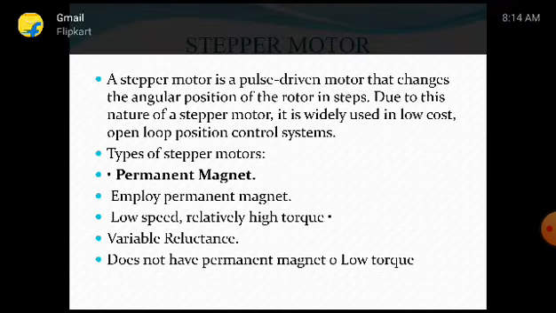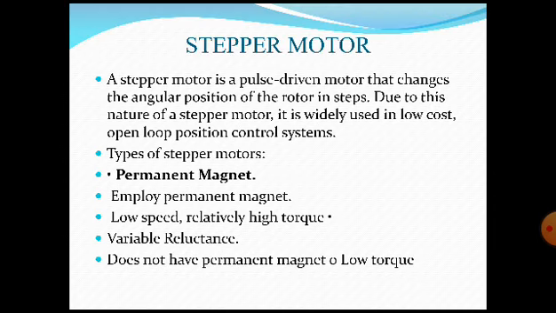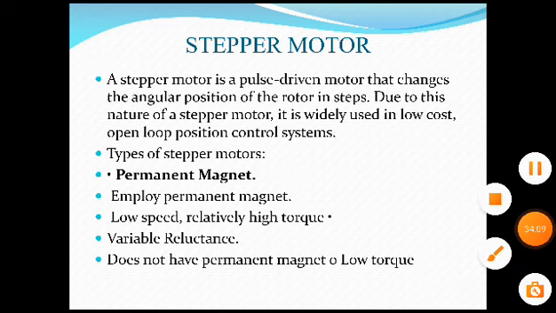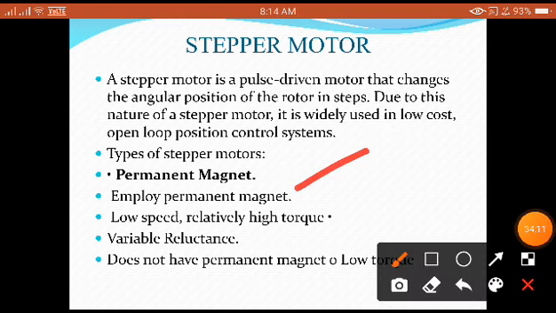I will just repeat it: one is the permanent magnet type, another is the variable reluctance type of stepper motor.